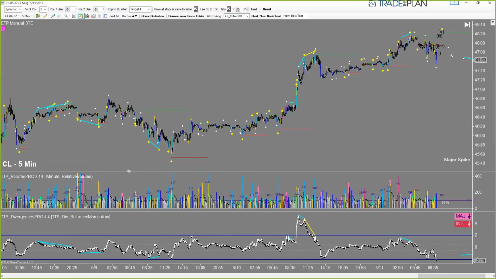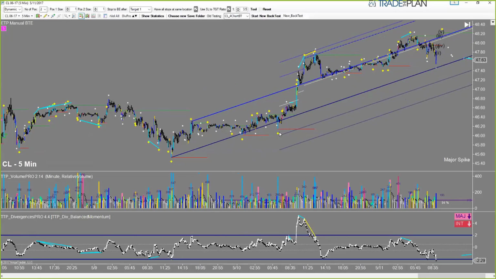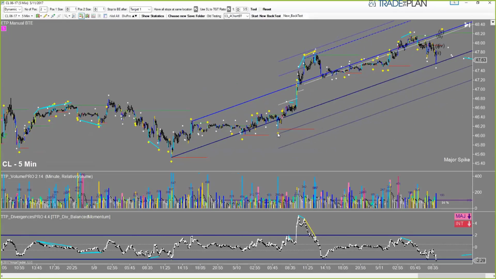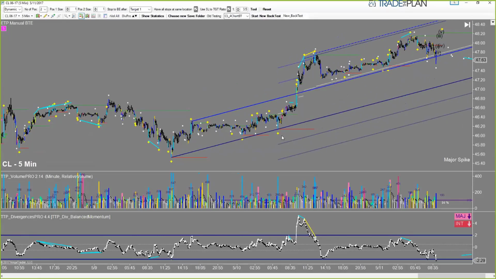I try to identify the market structure. A guy in the room that trades with us, Chris, is really good at market geometry, but he has his own little nuances, and he'll use, for instance, channels and parallels.